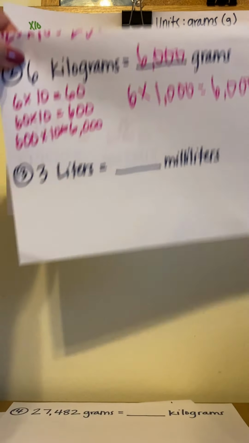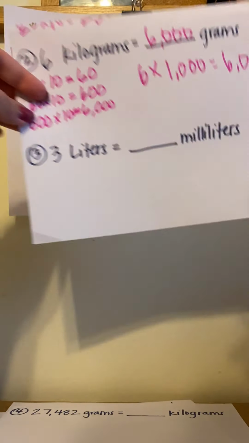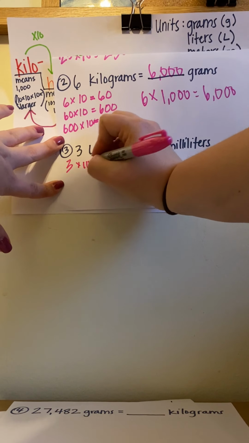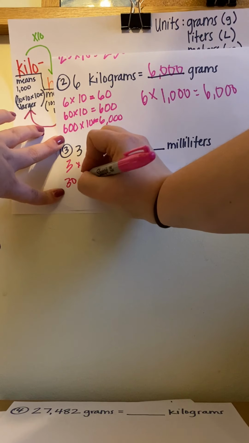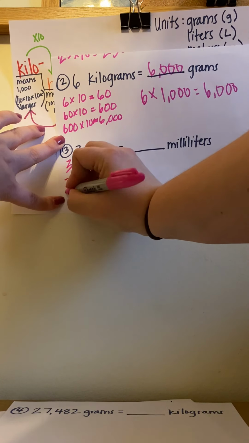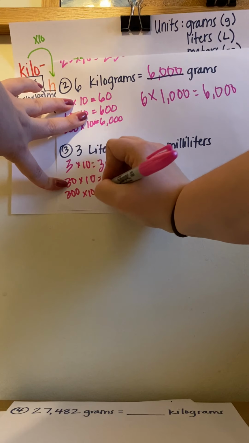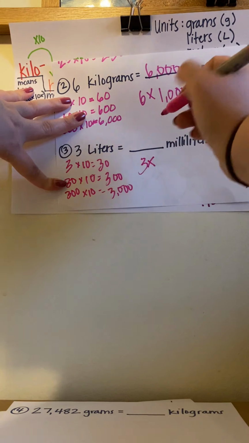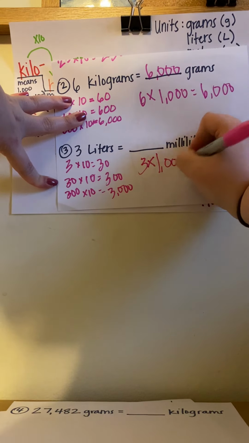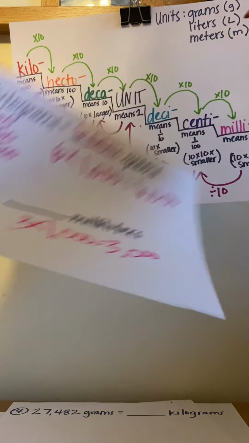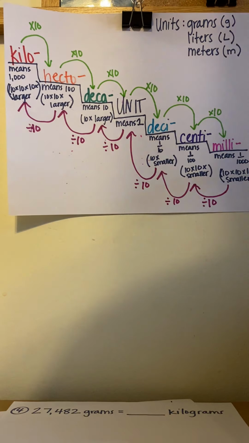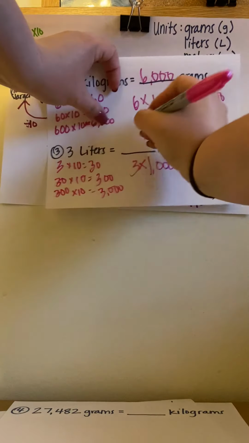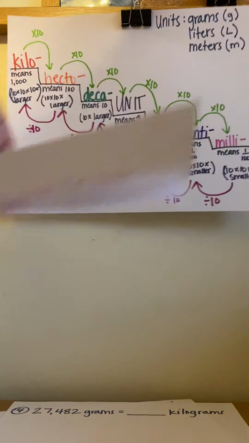If I do it separately, 3 times 10 is 30. 30 times 10 is 300, and 300 times 10 is 3,000. Or if I do it the other way, I would just go straight from 3 times 1,000 equals 3,000, because I would combine my times 10 three times. 10 times 10 is 100. 100 times 10 is 1,000. Okay, so there's that part.